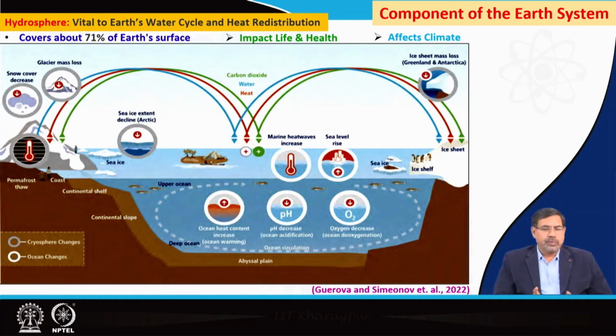Here, if you see these major dominant components: the snow cover variation, decrease or increase, the glacier mass loss, and on the right hand side, ice sheet melt and mass loss. Down below you can see the changes in terms of the ocean heat content, the pH decrease, which we discuss in terms of ocean acidification, and then the oxygen level decrease, or ocean deoxygenation.